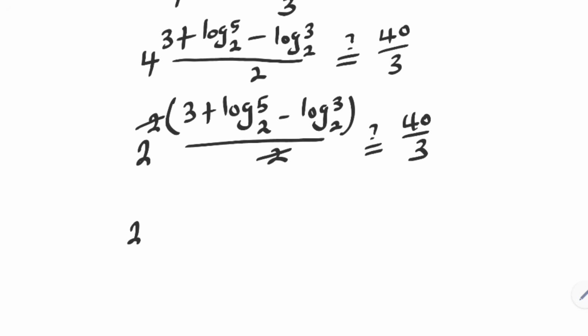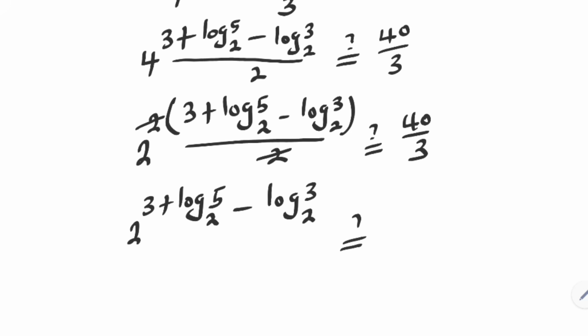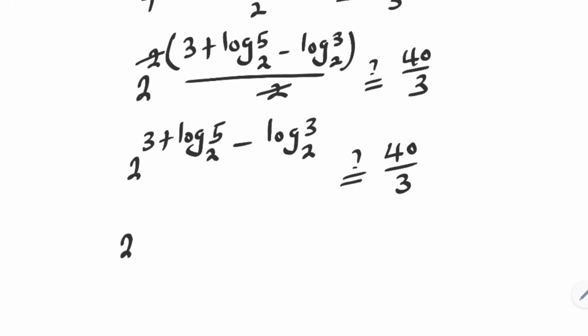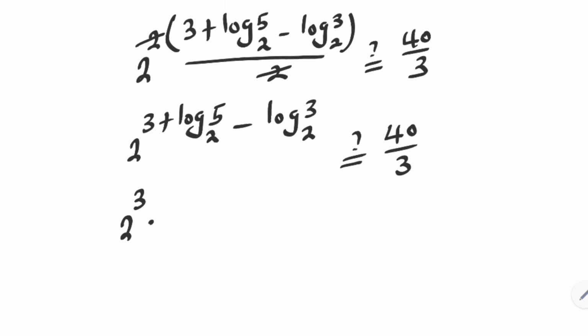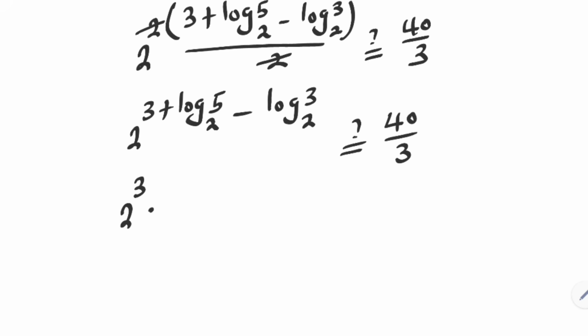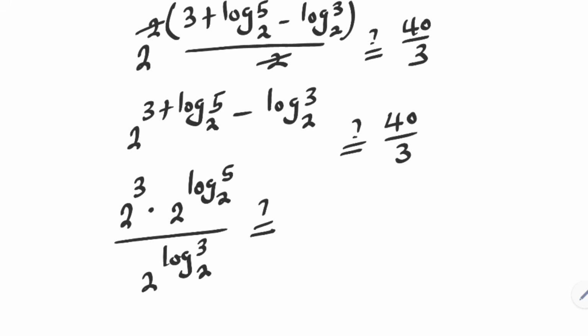Now we have 2 raised to power 3 plus log 5 base 2 minus log 3 base 2 must be equal to 40 over 3. Now this is 2 raised to power 3 multiplied by 2 raised to power log 5 base 2, then over 2 raised to power log 3 base 2 must be equal to 40 over 3.